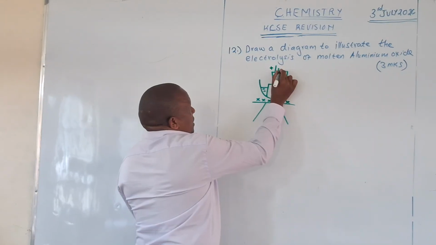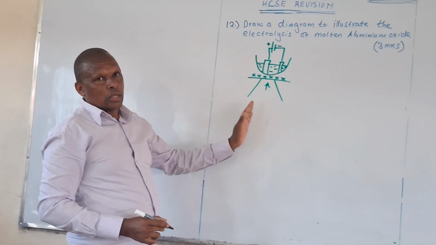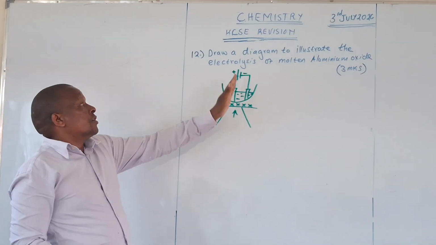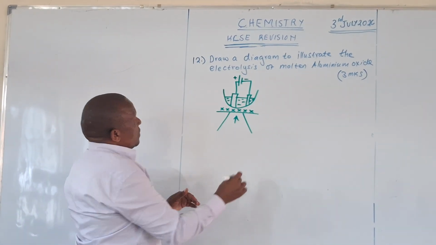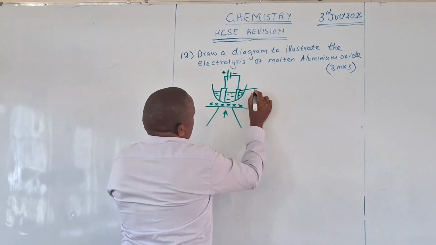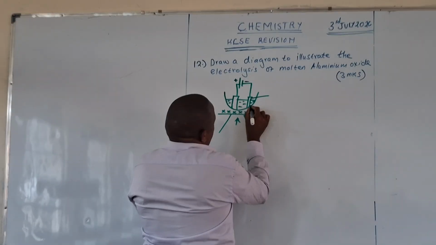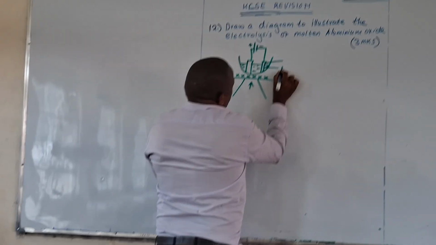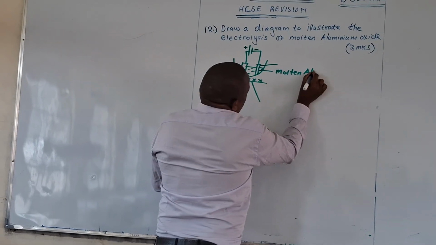This one is the negative terminal of the battery. The longer stroke is positive. The shorter stroke is negative. Are we together? So this one is an electrode. You can say, here we have molten aluminium oxide.